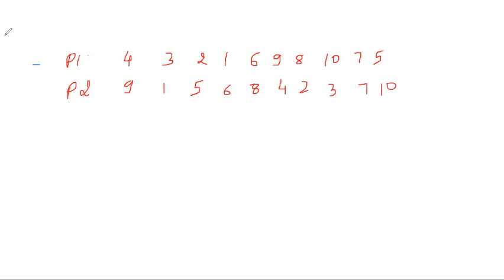So to implement this next method, which is called partially matched or partially overlapped, whatever you can say, or you can say overlapped.